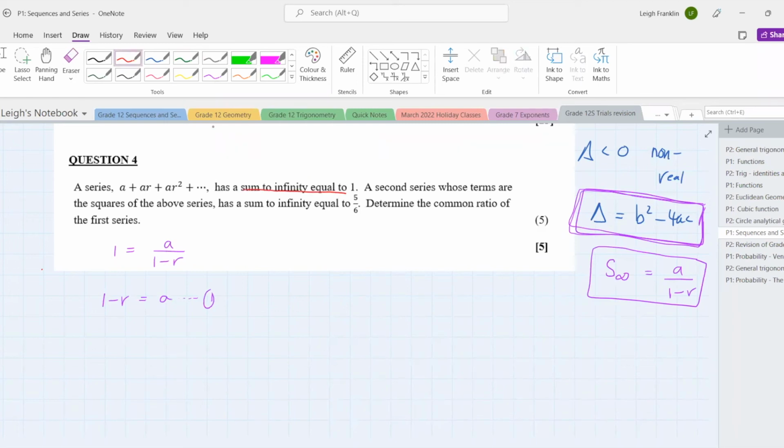A second series whose terms are the squares of the above series. So when they talk about squares, what does that mean? What are they asking us to do to the first series?